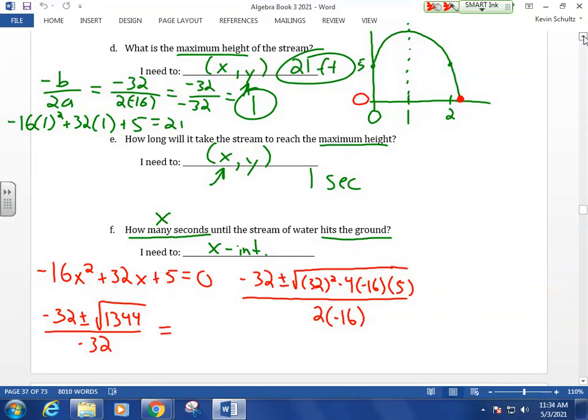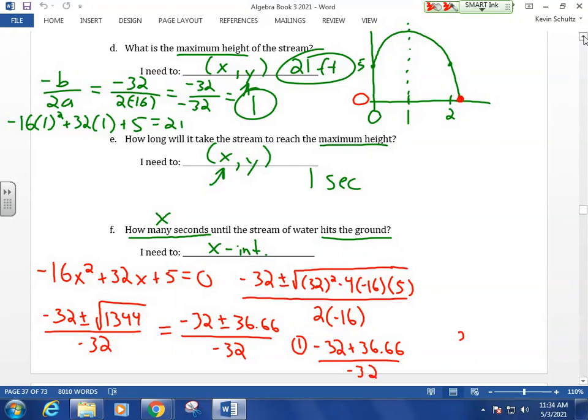It equals positive 36.66. So we'll round to the nearest hundredth, and we get negative 32 plus or minus 36.66 divided by negative 32. And so our two answers here, the first one will be negative 32 plus 36.66 divided by negative 32.